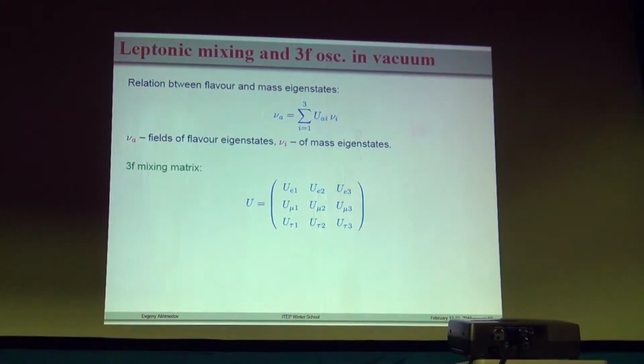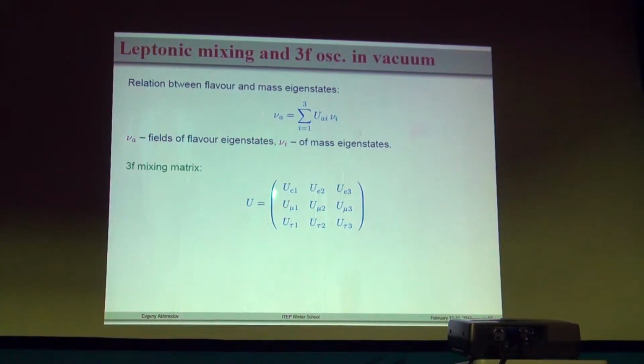Now from this formula and from its inverse, we immediately see that the rows of this matrix give us the composition of flavor state in terms of mass eigenstates. So the square modulus of this element gives us how much nu1 is present in the electron neutrino. This square modulus tells us how much nu2, the second mass eigenstate, is present in the electron neutrino, and so on and so forth.